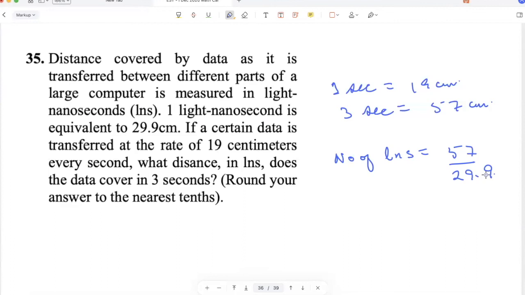So let's plug that in. 57 divided by 29.9 is 1.91. 1.91 to the nearest tenth would be 1.9. Okay.